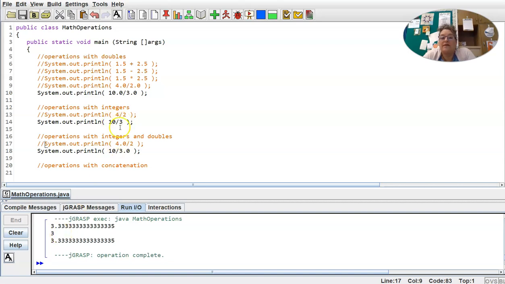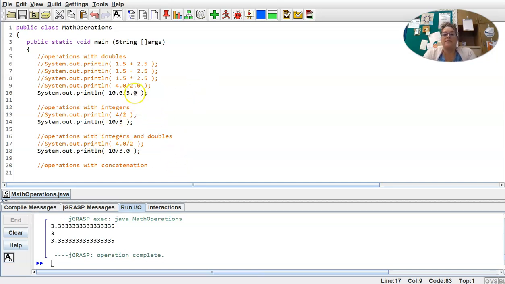The result of an integer divided by an integer is an integer, and it just discards the decimal that came after. Okay, so integer division is going to behave differently from double division. It's going to throw out any decimal that is after the integer solution.